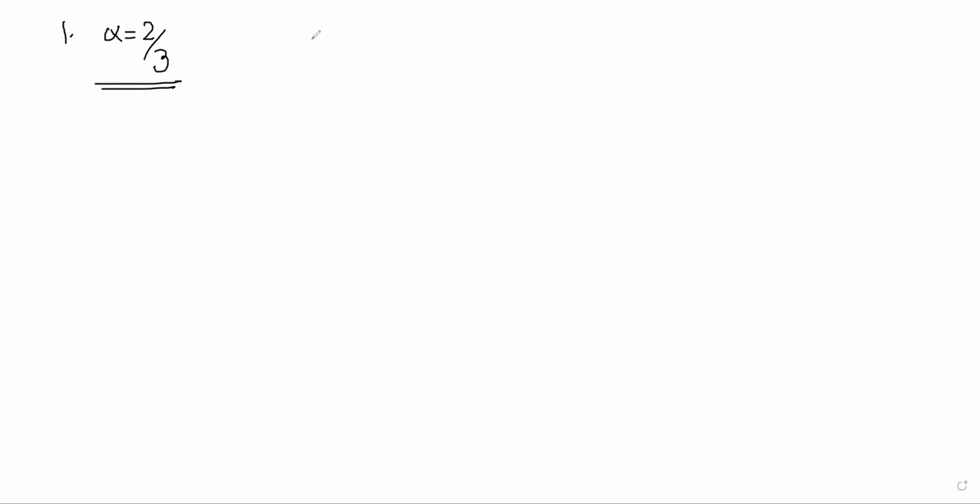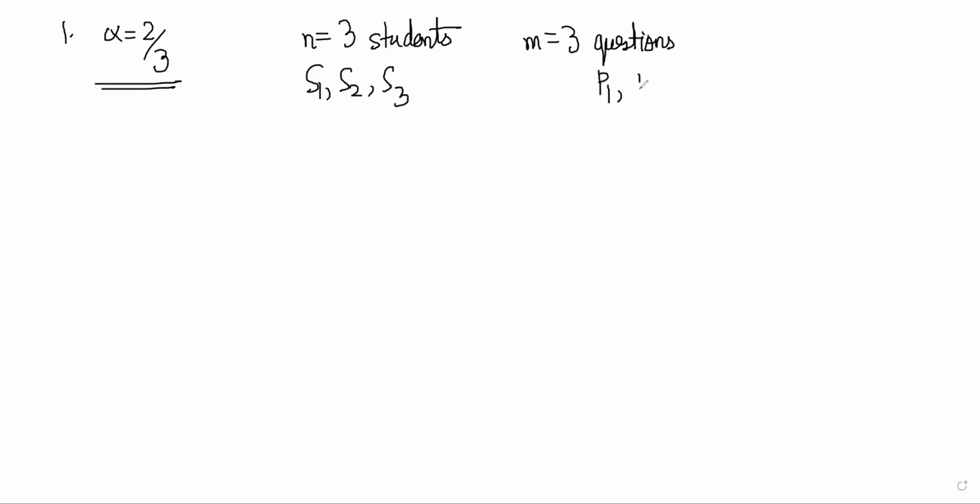So let's suppose there are n is equal to 3 students and there are m is equal to 3 questions. And the students are called S1, S2, S3, and the problems are called P1, P2, P3, right?